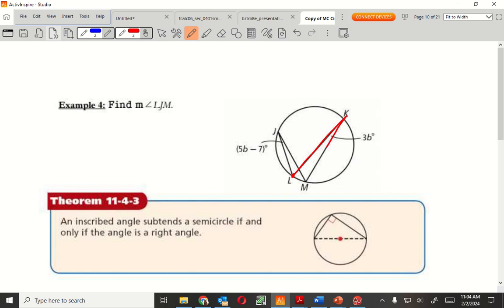I have this angle right here. So K is the inscribed angle of LM, isn't it? Yes, it is the inscribed angle of LM. J is the inscribed angle of what? LM, very good.